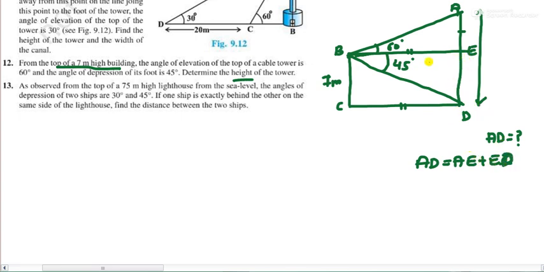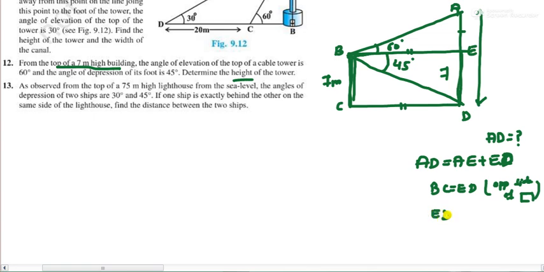ED. If you look at it here, since this forms what? This sides form a rectangle, correct? So even this will be same 7 meter. So that also you can write here BC is equal to ED, because they are the opposite sides of a rectangle. You can mention that. So even this will be equal to 7.